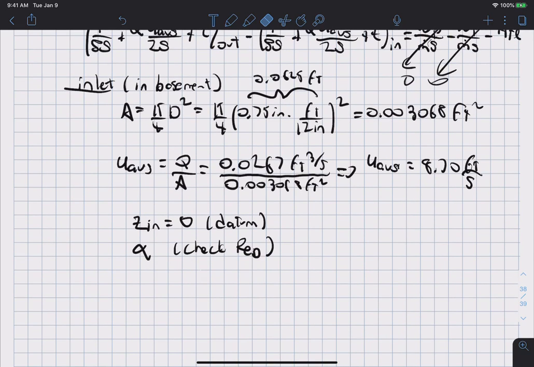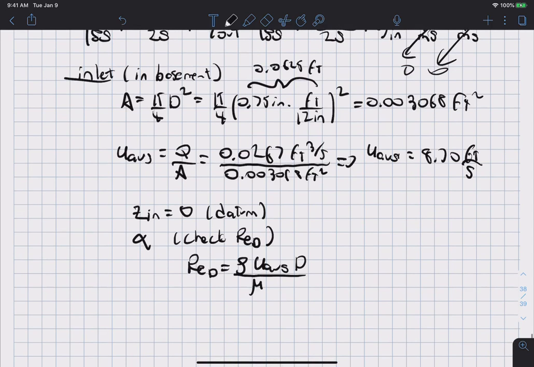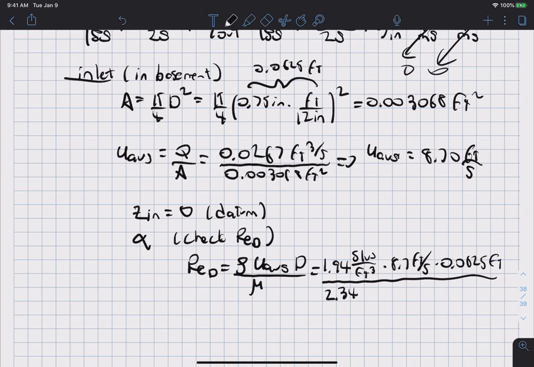Okay, and so Re_D equals rho times the average velocity times D over mu, and that equals 1.94 slugs per cubic foot times 8.7 feet per second times 0.0625 feet over the viscosity, which is 2.34 times 10 to the minus 5 pound force second per feet squared.